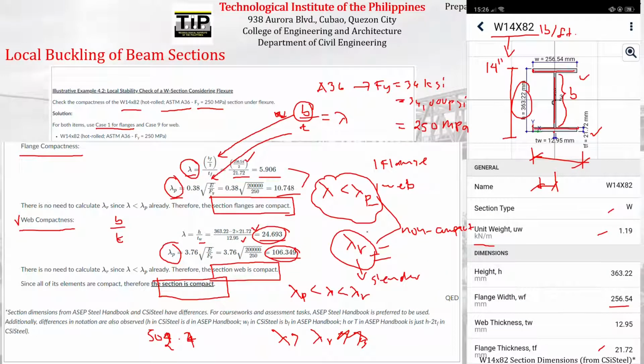So since we saw that the W14 by 82 is a compact section, we can refer to section 502.4 of NSCP 2015 Volume 1 for the different provisions related to the computation of the capacity of a compact section. If ever you found out that the section is non-compact or slender, you need to refer to other provisions of the code. Okay? So that's the purpose of checking the local stability of the section.